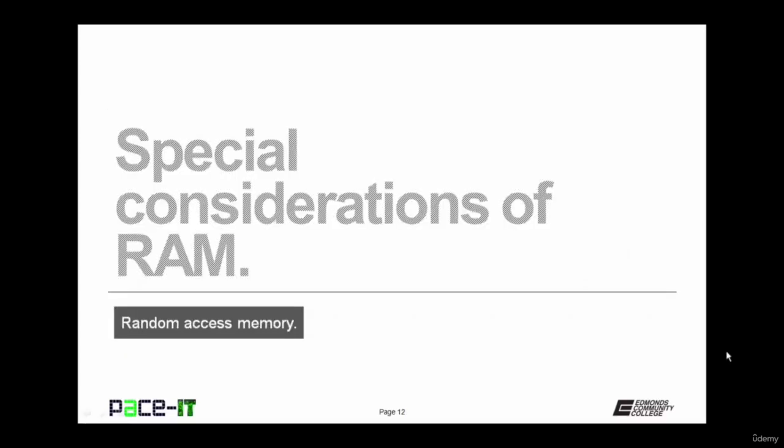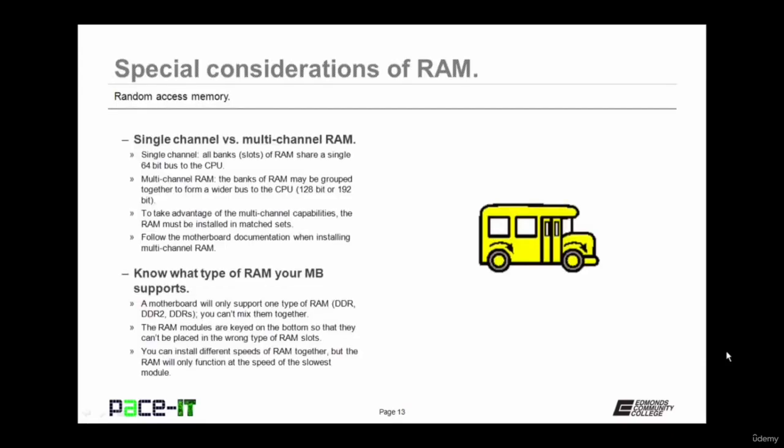Now let's move on to some special considerations of RAM. This first consideration is single-channel versus multi-channel RAM. In single-channel RAM, all banks or slots of the RAM make up a single 64-bit bus to the CPU.